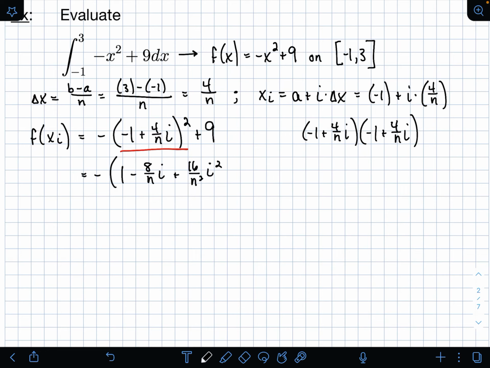Now, we will need to distribute the negative in front of the parentheses before we combine the like terms, but the only terms to combine will be the constant terms. And they combine to give us 8.